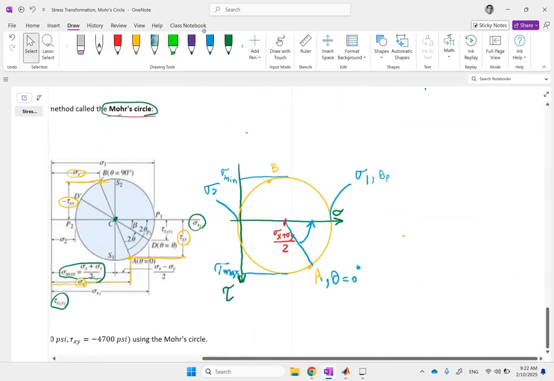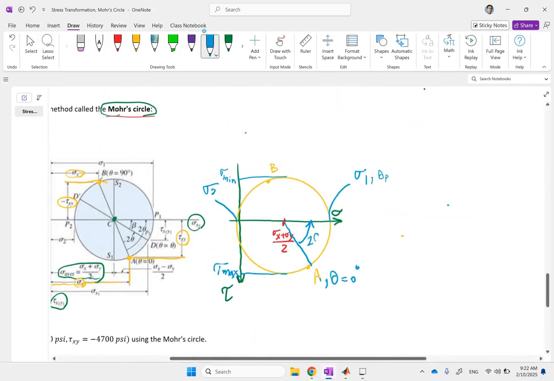So this is going to be 2 theta p. Since this angle is counterclockwise, theta p1 is positive. For theta p2, it's the angle from A to sigma 2, so it is this angle. That is 2 theta p2, and you see both of them are positive because both are counterclockwise.